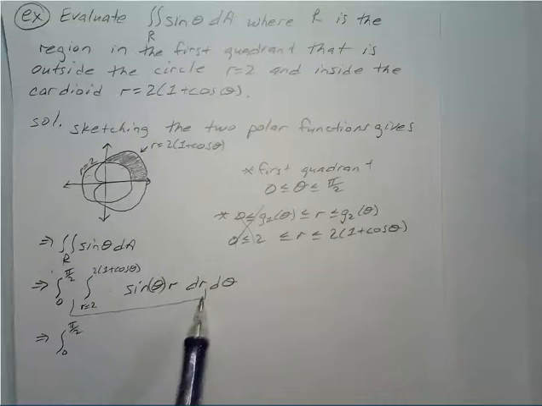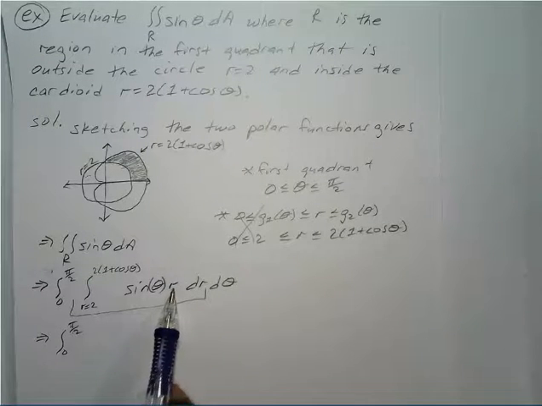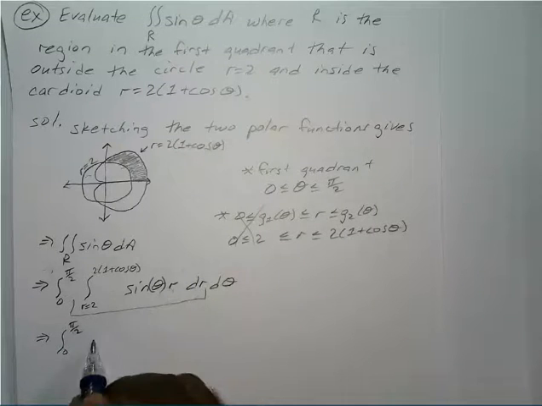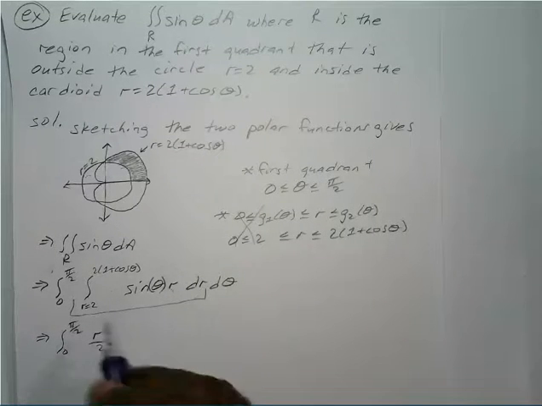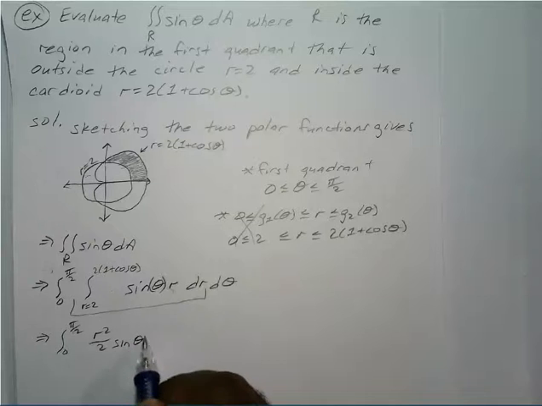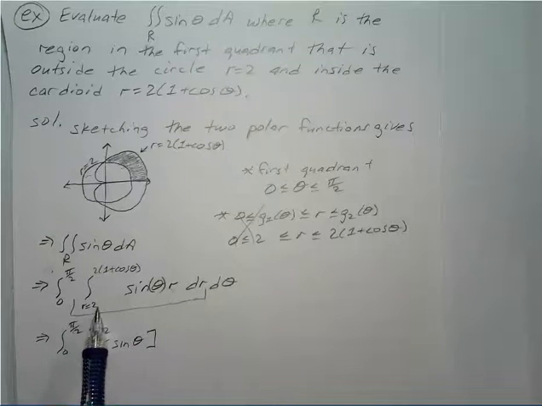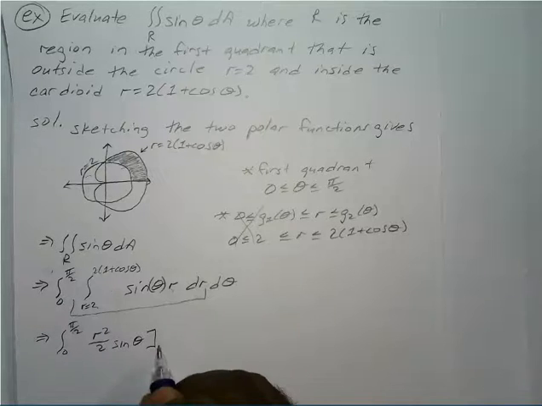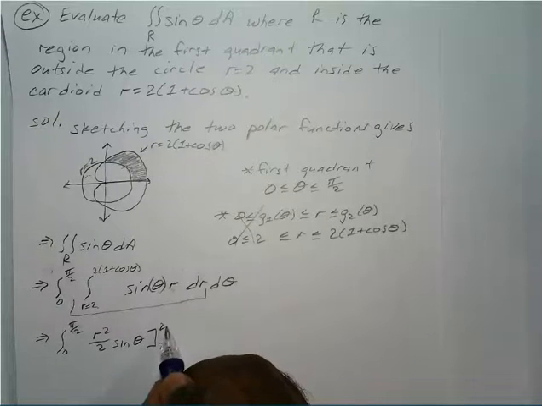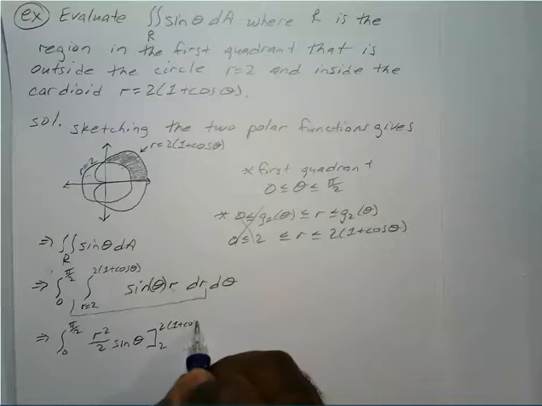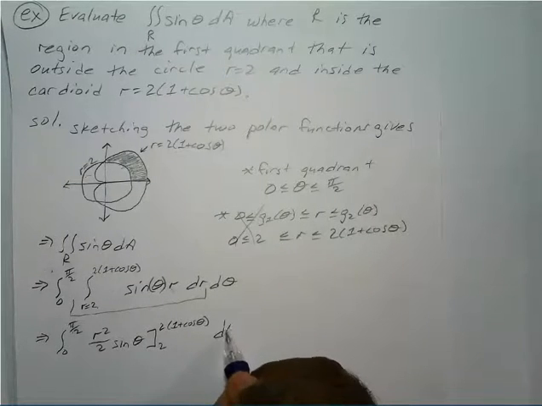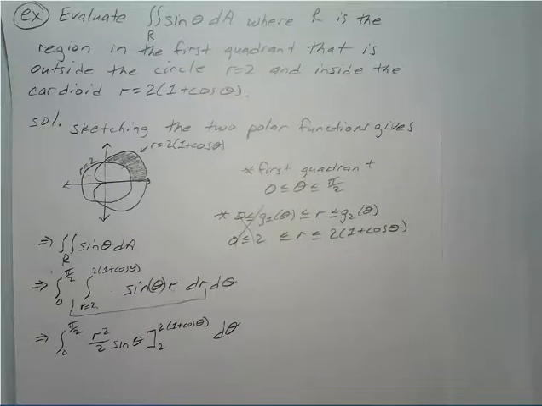Okay, so if we integrate with respect to r, that just becomes r squared over 2. So we have, I'll just move that out to the front, r squared over 2 sine of theta. And that's from 2 to 2 times 1 plus cosine of theta. And of course, our d theta just follows us.